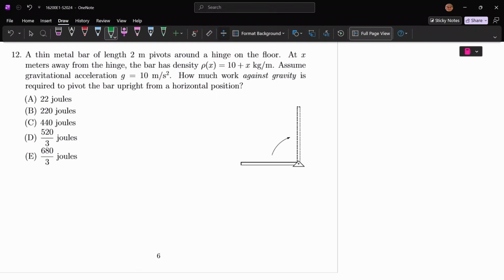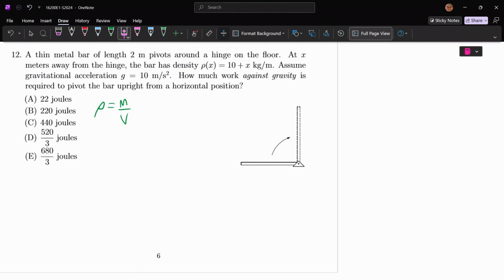So the first thing I'm going to do is bring up the general relationship for density. Generally speaking, density, rho, is going to be equal to mass divided by volume. But in this question, we're dealing with a thin metal bar. And so that means that we can assume that the width of this bar is going to be negligible.